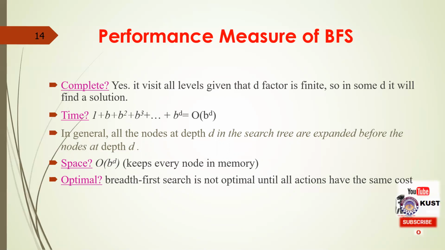Now suppose that the solution for this problem has a path length of d, so that level will be b^d. Then the maximum number of nodes expanded before finding a solution will be 1 plus b, b squared, b cubed, up to b^d.